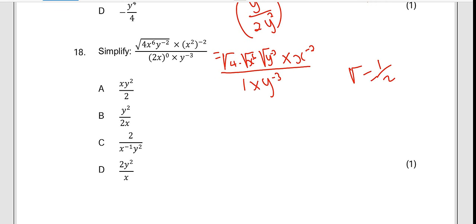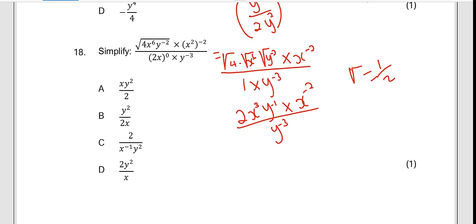And then here it's going to be the root of 4, which is 2. And then I told you that this is x to the 6. 6 times half, because square root is half, is going to be x to the exponent of 3. Why? Because it's going to multiply by half. It's going to be -1 times x to the exponent of -2 divided by y to the exponent of -3.